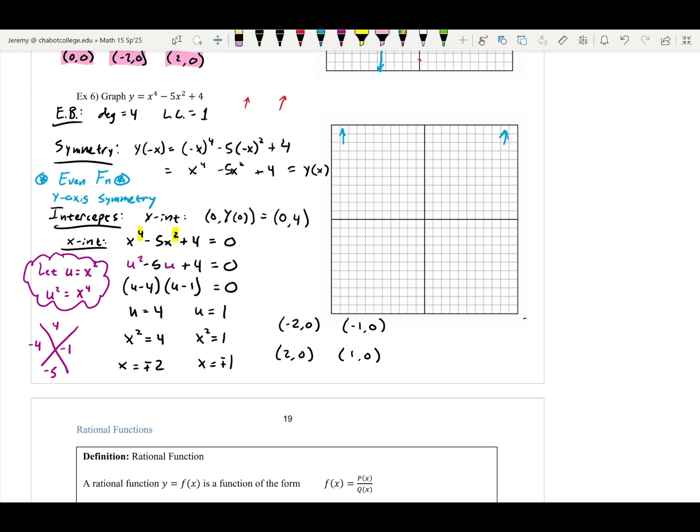So good to have a little exposure to it now. So we want to graph this. I'm going to set my scale in the same way that I did before for the last example. Every 2 squares is going to be 1 unit, just to enlarge the graph a little bit, or shrink the viewing window, however you want to look at it.